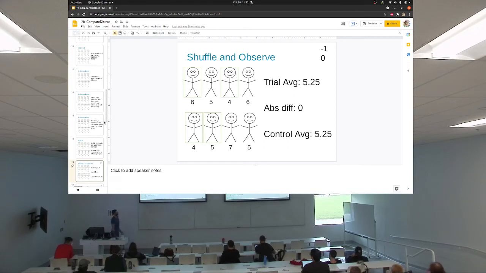We shuffle the people and we calculate their average recovery time. Okay? And here, it just so happens that the average recovery time was 0. It just so happened that was the case. But remember, we're coming from the position of the null hypothesis is the case. There is no difference. Which, wow, okay, it's pretty damning.